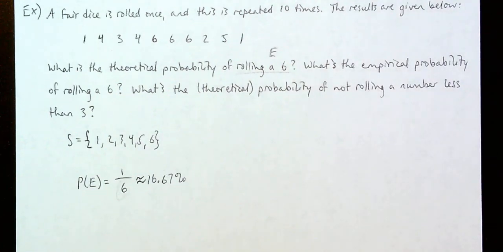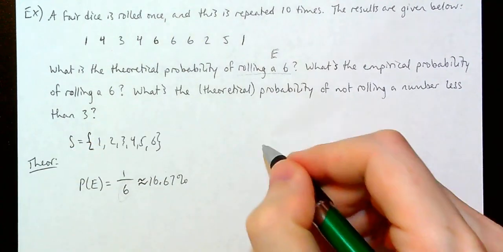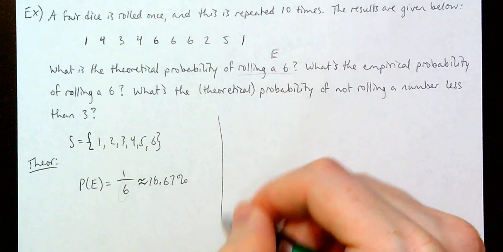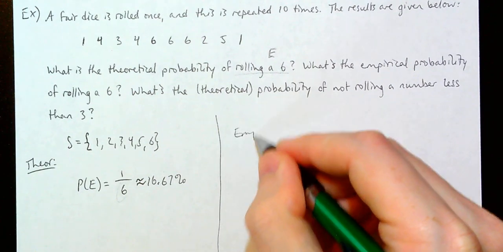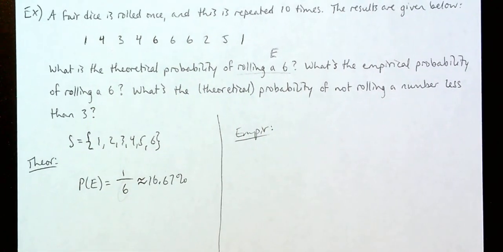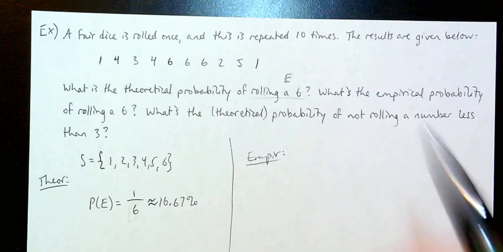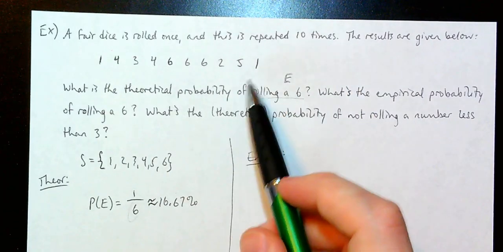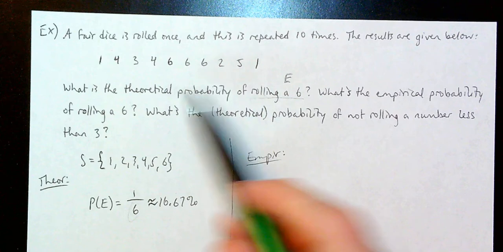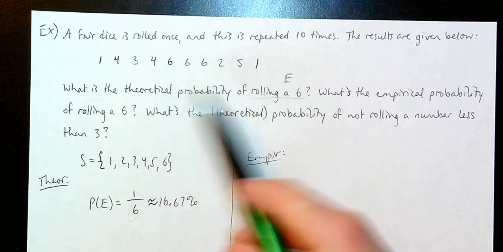Now, the empirical probability, so this was theoretical. The empirical, which I'll just put EMPIR for short, we did this sequence of 10 rolls here. We have our results listed up here.